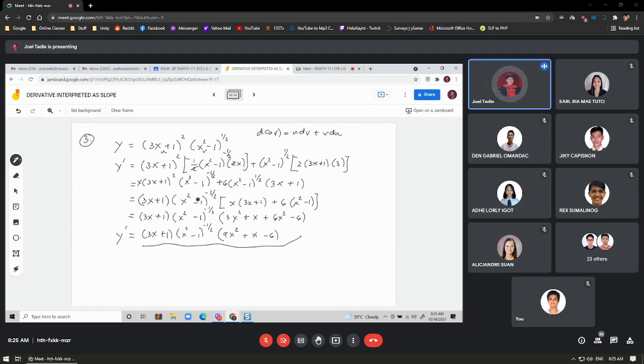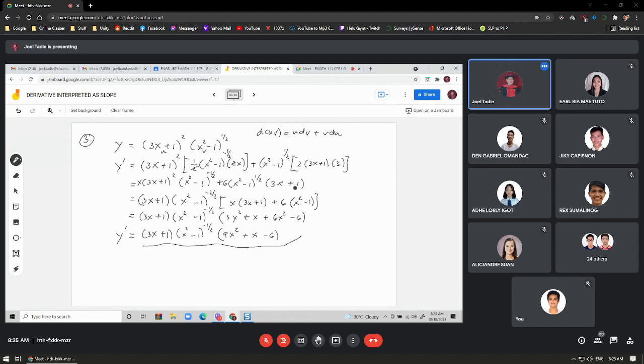So, sa first term na ataan, quantity x squared minus 1 raised to the power negative 1 half. Sa second term, naapod tagyapon ana. Sa first term na atay quantity 3x plus 1. Sa second term na asad ta quantity 3x plus 1. So, common sila. Ato na siyang i-factor out ang common expression or term.